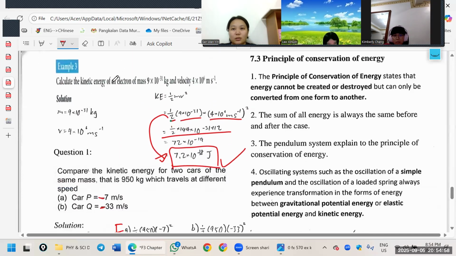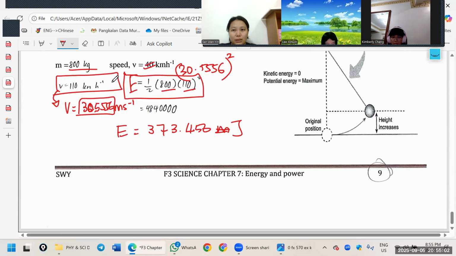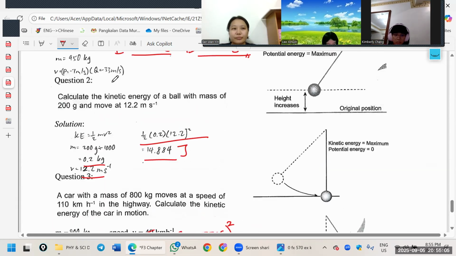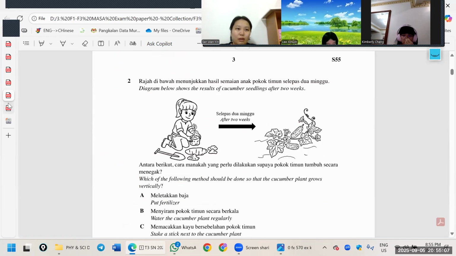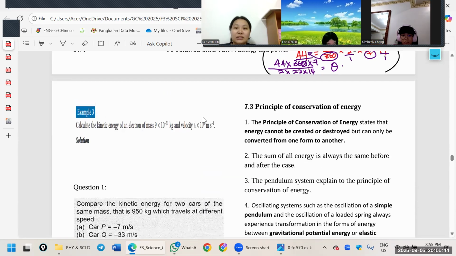Okay, so now what is conservation of energy? The principle of conservation of energy means the energy is conserved. It states that energy cannot be created or destroyed.